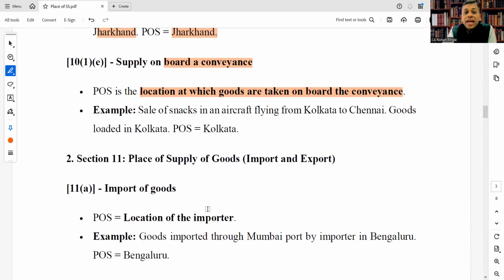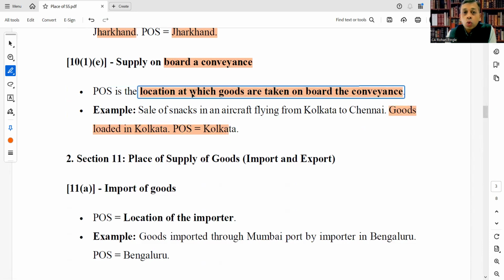Supply of snacks in an aircraft flying from Kolkata to Chennai, goods loaded in Kolkata, and therefore the place of supply will be Kolkata. That is the location at which goods are taken on board the conveyance.